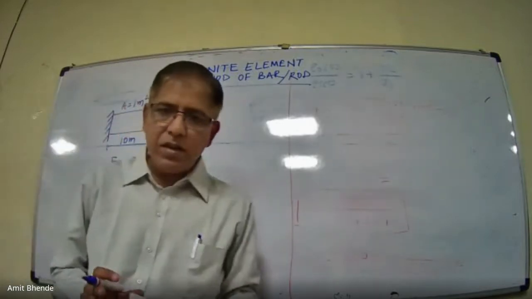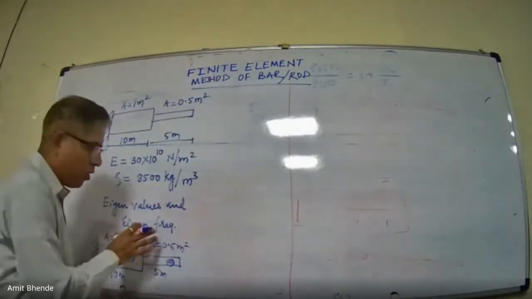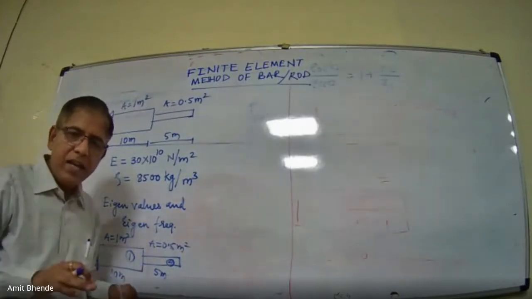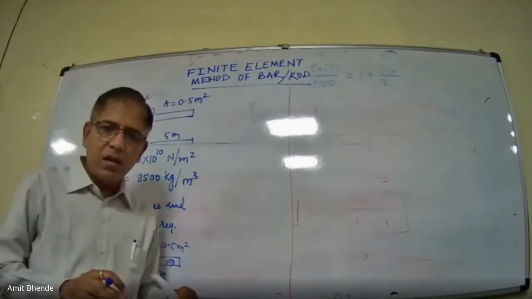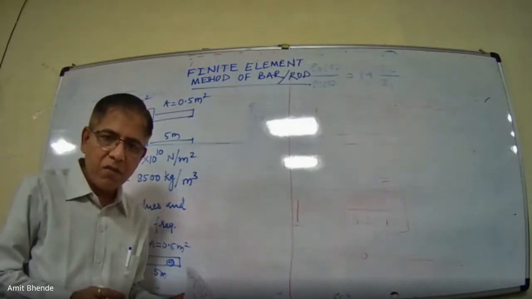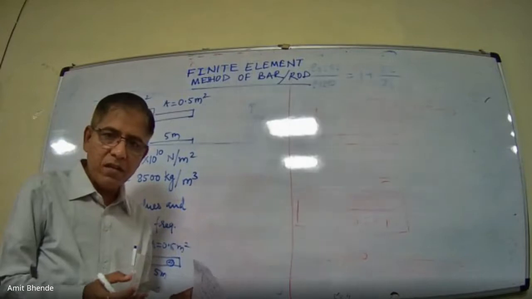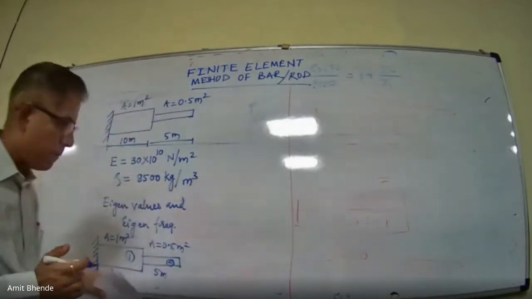Now, the difference between this problem and the 1D APM problem is that in 1D APM problem we don't consider the self weight of the element, whereas here we need to consider the self weight of the member. Okay?